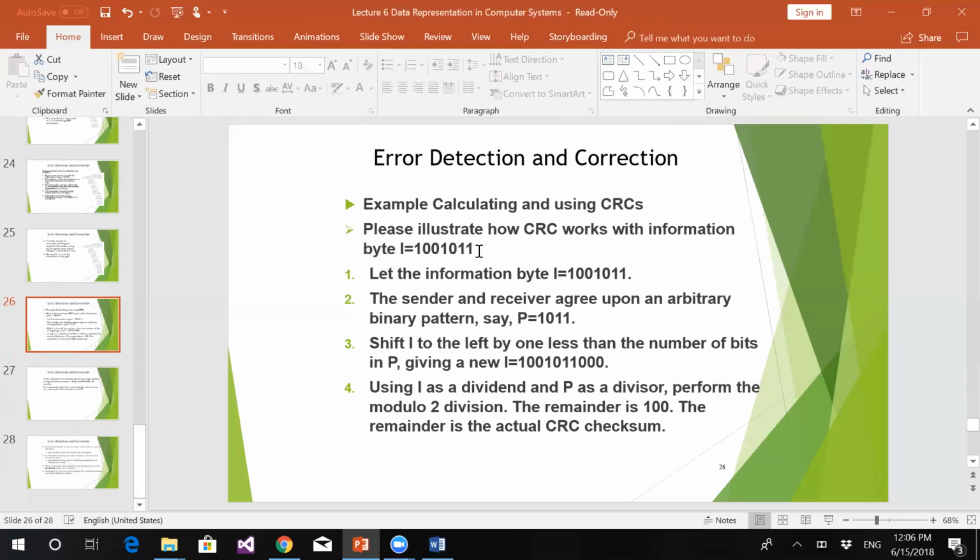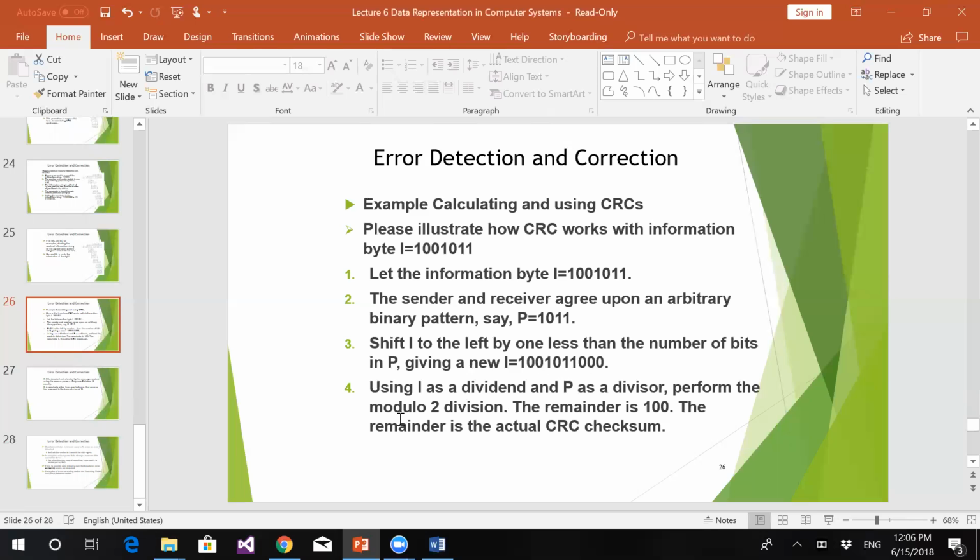If we are trying to transmit this value, we need to firstly, in the information given, there should be one arbitrary binary pattern, which is the secret code between sender and receiver. In this case, it is 1011. And then we are going to add 3 zeros, considering here has 4 digits, to the original number.